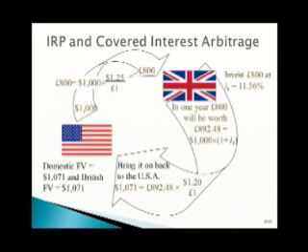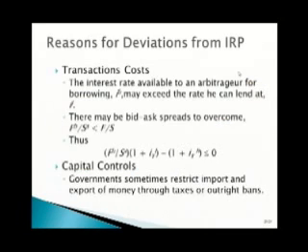You then invest the 800 pounds at the British rate of 11.56%, and in 1 year you will have 892.48 pounds, which you now convert back at a rate of $1.20 per pound back into U.S. dollars, and you end up with that 1,071. So you end up with the same results.